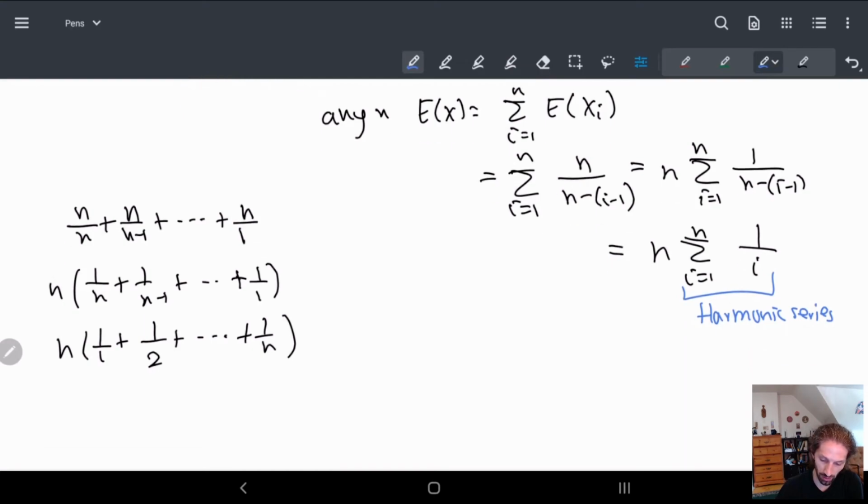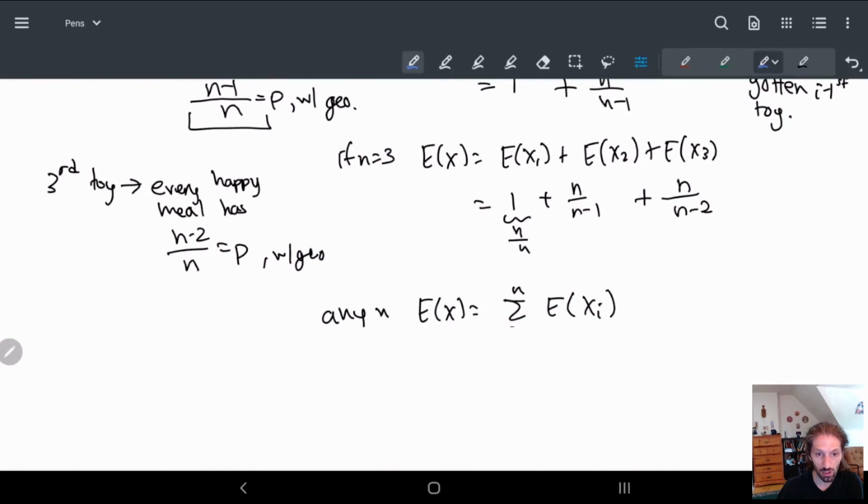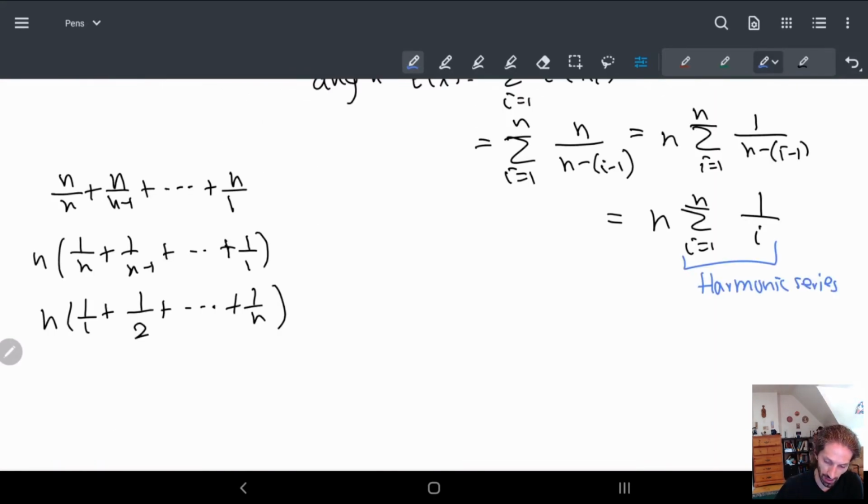So notice how above we had n equals 3, n equals 2, n equals 1, etc. Let's try this with n equal to 5. Say I have 5 toys, and let's see how many times we have to go in order to get every single toy.